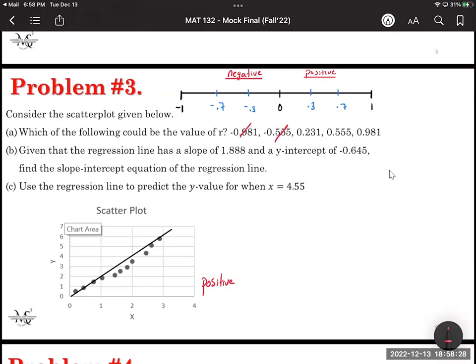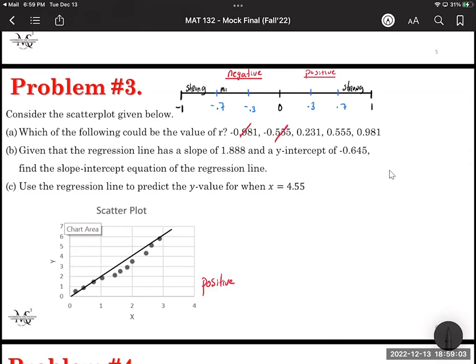Now we have to break down what type of positive number it could be. It depends on the correlation. Not only can you say that the correlation is negative or positive, but you can say it's strong, moderate, or weak. It's strong if it's between -1 and -0.7, or 0.7 and 1.